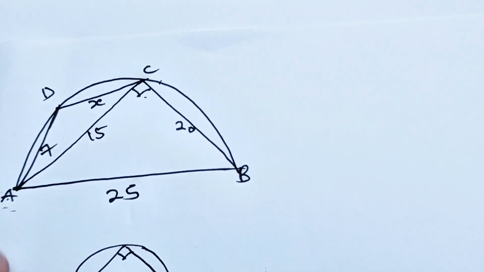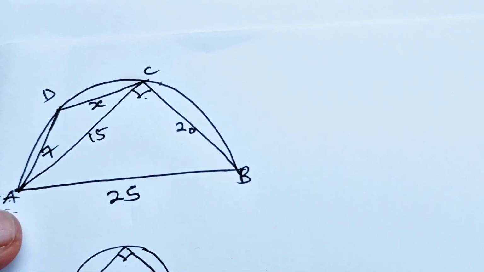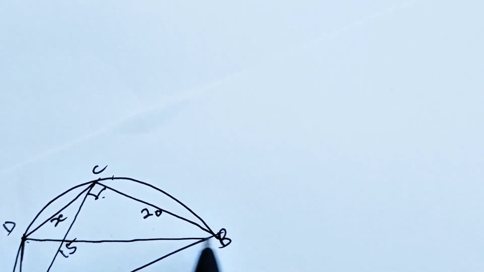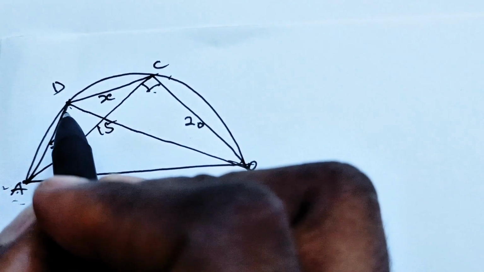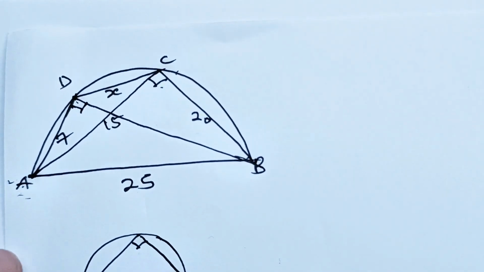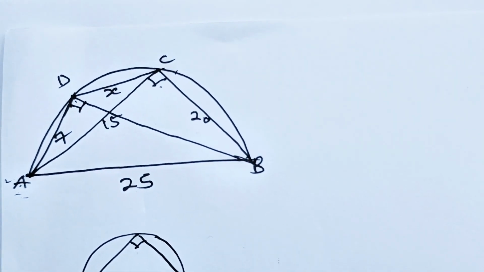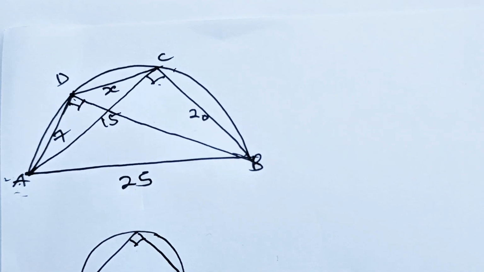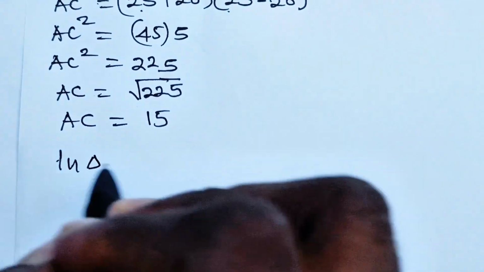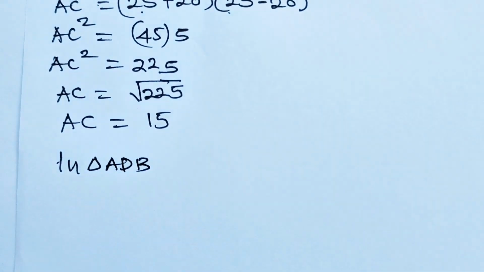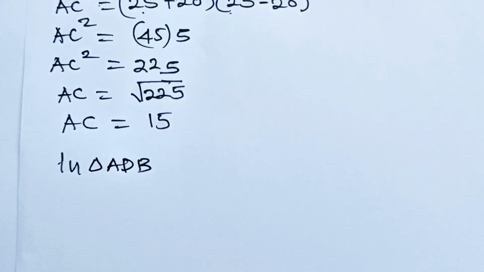Alright, so write 15 here. Now similarly, if we join D to B, okay, so let's join D to B. Now you can also tell that angle D is also 90 degrees using the same theorem, right? So in triangle ADB, since this is smaller, let me enlarge it more, okay?